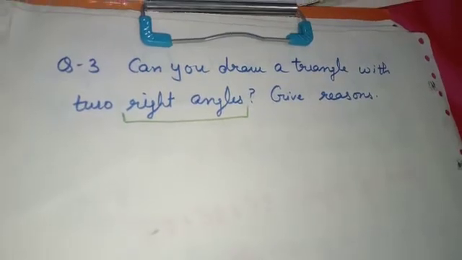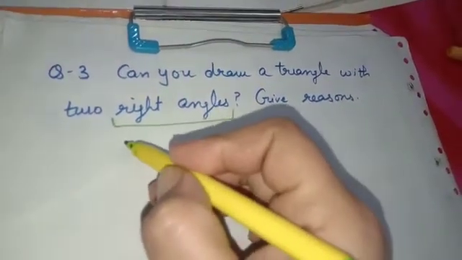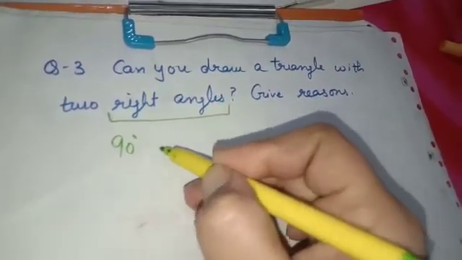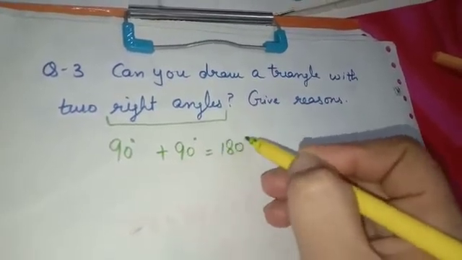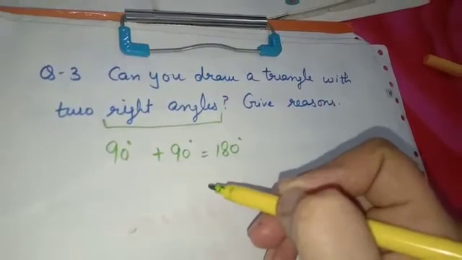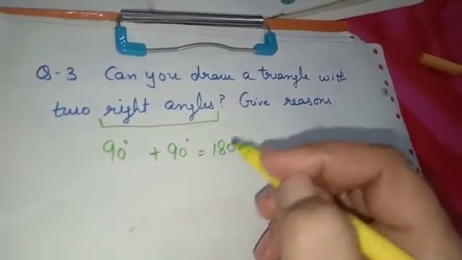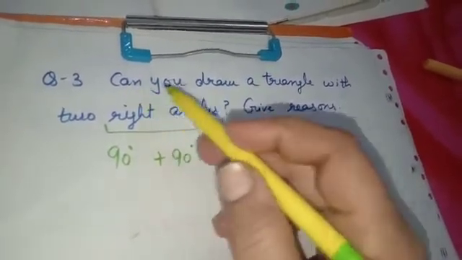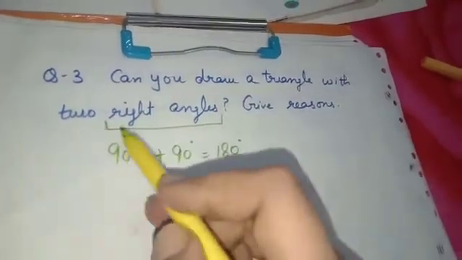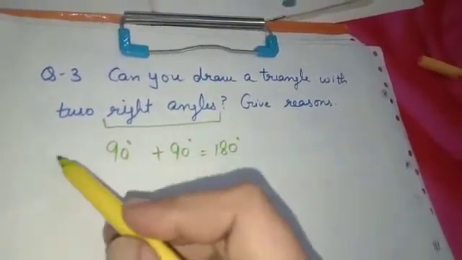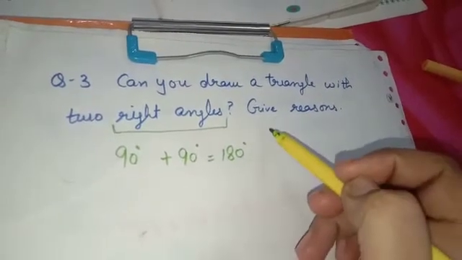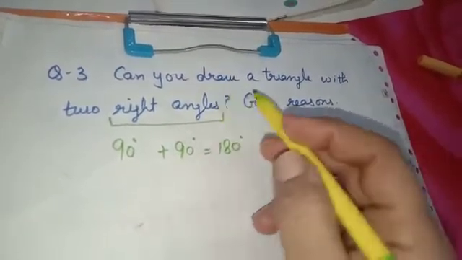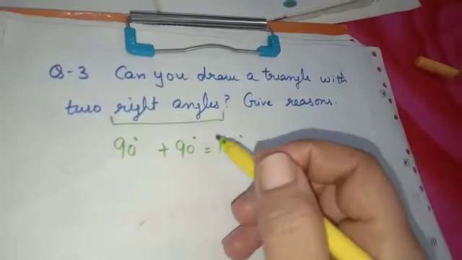So if there are two right angles, then 90 plus 90, the sum of two angles, will be 180 degrees. But a triangle has three angles. So if I add any third angle here, the sum will be more than 180. So we cannot draw a triangle.